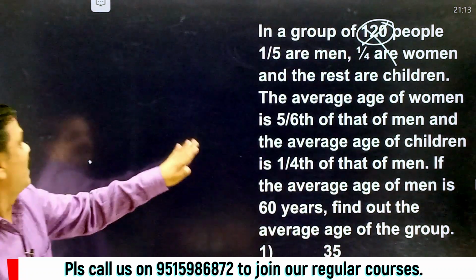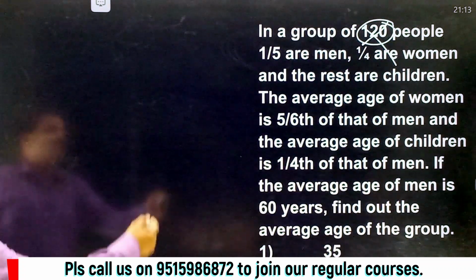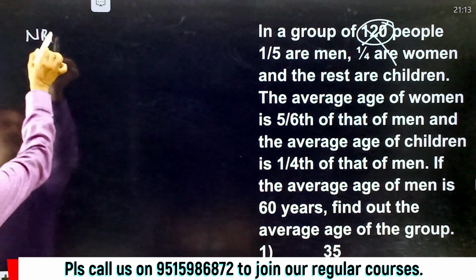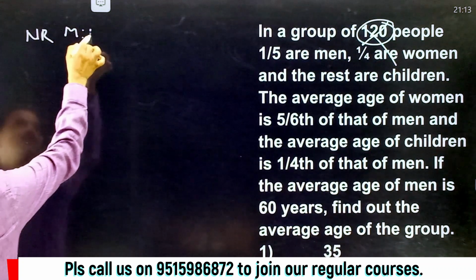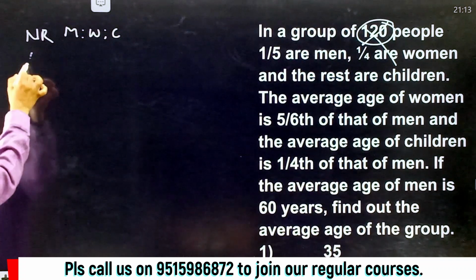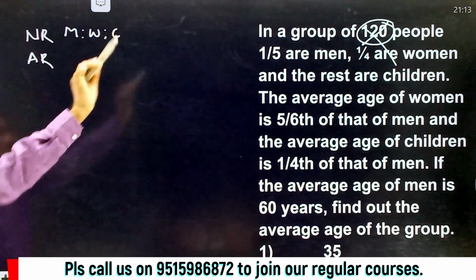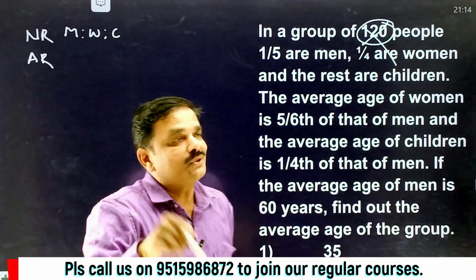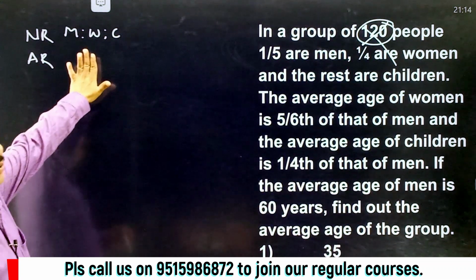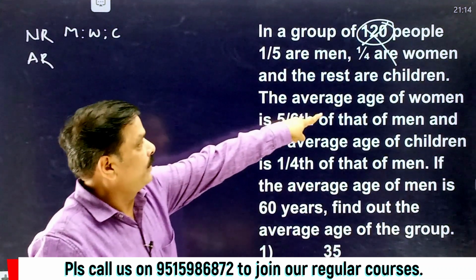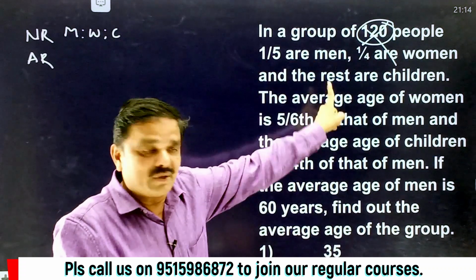So how is that? First, categorize in this way. First you take the number ratio of men, women, and children, I'm writing here. After that, you go for the age ratio of the same men, women, and children. Then we will continue further. Here students, I am doing this question with only imaginary numbers, without disturbing the parameters given in the question.